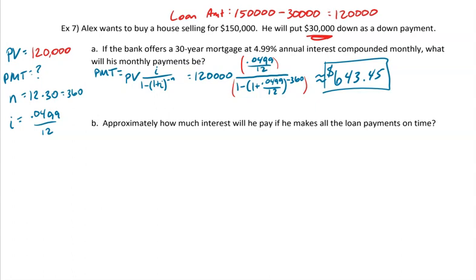All right, for part B, approximately how much interest will he pay if he makes all the loan payments on time? So again, just like before, to get the interest, we are going to take that payment that we just found, $643.45, multiply it by the number of total payments, so 360, and then subtract out the actual loan amount, which is 120,000.